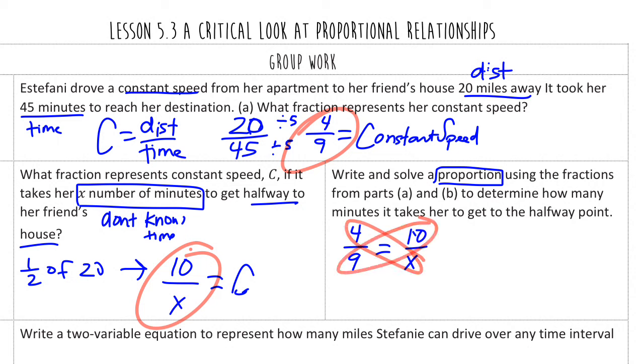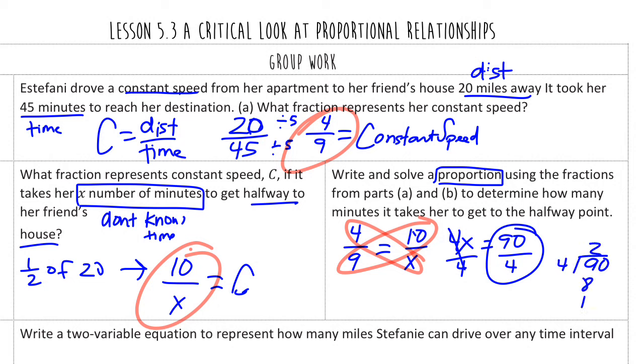So 4 times x is 4x. 10 times 9 is 90. Divide by 4. You may actually have to divide this. Top in, bottom out. 4 goes into 90 2 times, 8, subtract, 10, 4 goes in 2 times, 8, 2, 0, 5, with a decimal right there.